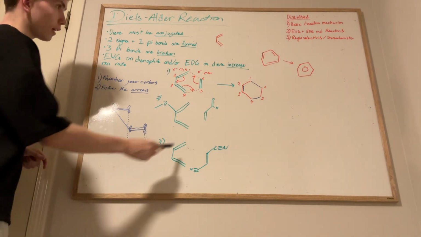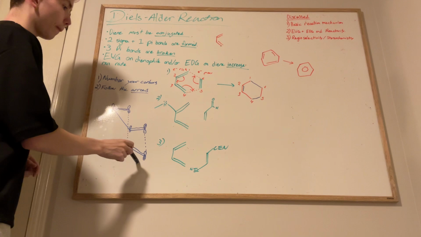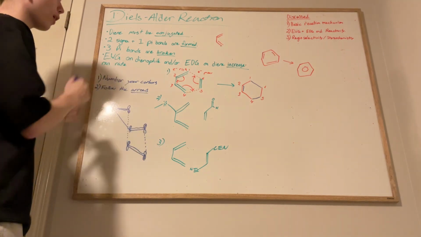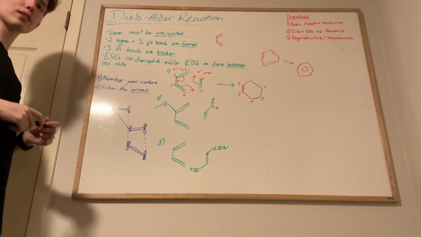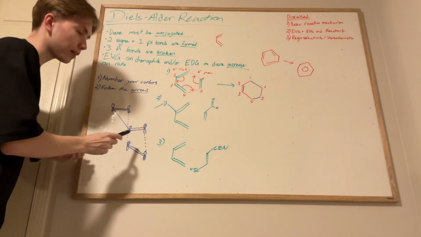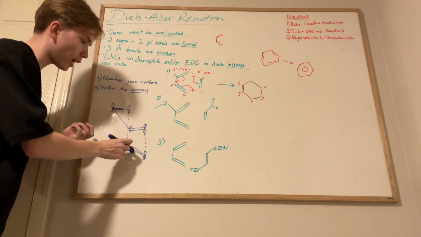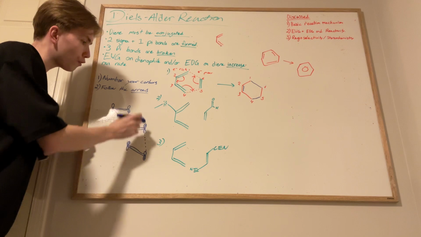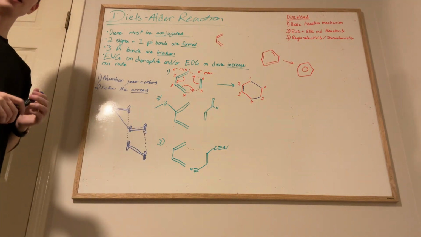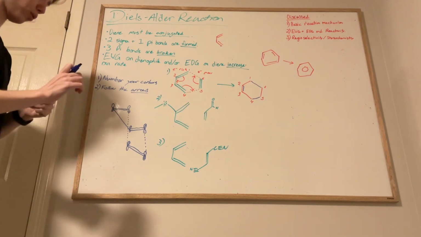The dienophile approaches the diene from below or from above. And what instigates this reaction is the pi bonds become in phase with each other. So the pi bonds on the dienophile become in phase with the pi bonds on the diene, and this allows the reaction to occur, right?